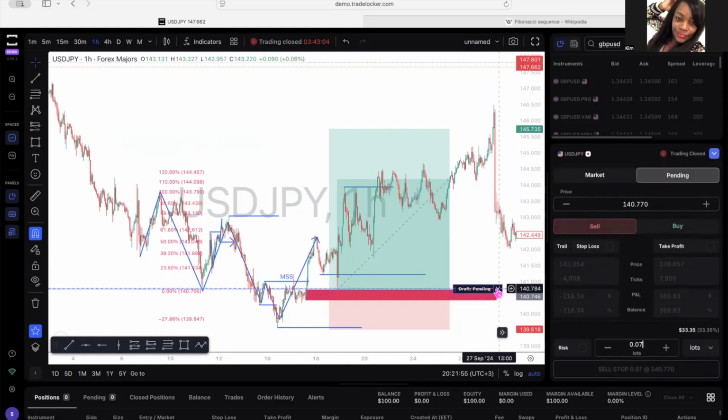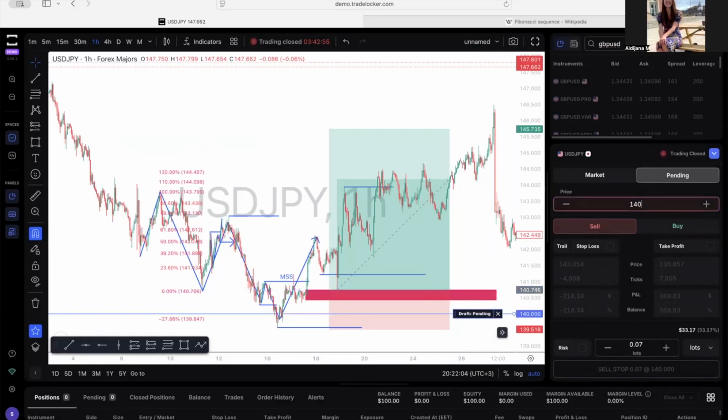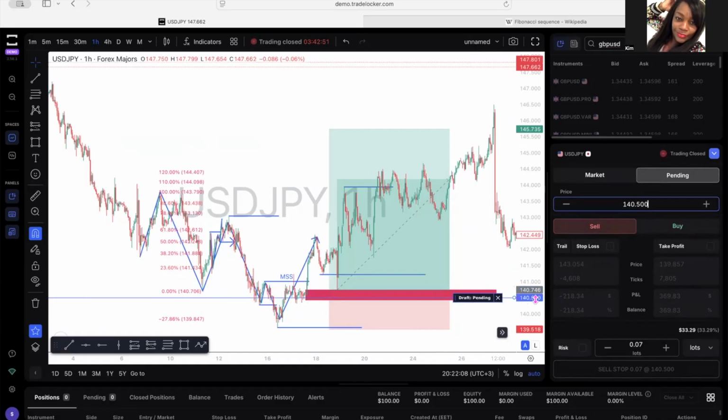This is where the pending is, and you can change the price right here. So say if I wanted to come in at 140,500, you see 140,500 sits right there. But I don't want it at 140,500. I want it at the top of my demand zone.